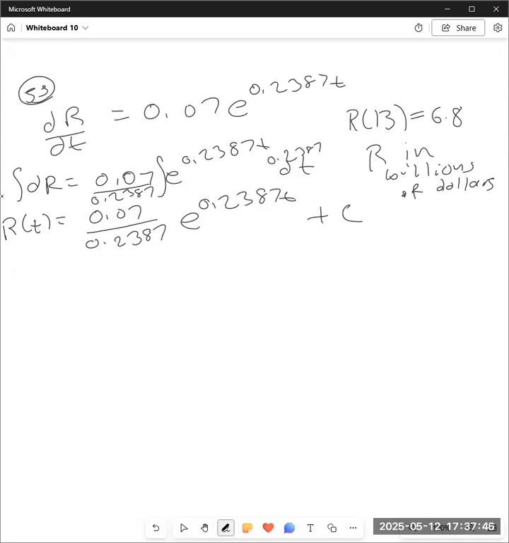Once we put our numbers into our calculator here, we want this to be 0.293 e to the 0.2387t plus some constant.